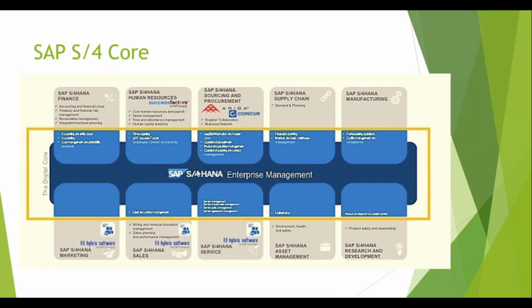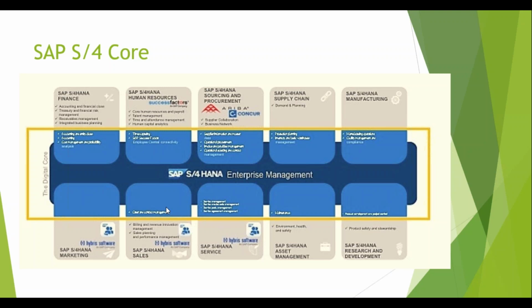So if you are using ECC, you can still use SuccessFactors, Ariba, Concur, Hybris. But since these interfaces are getting more and more complicated, SAP has thought of simplifying the core component, so that the interfaces, which are possible today also, become simpler if our core component is simplified.